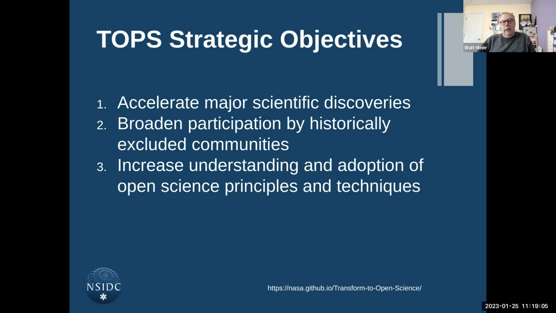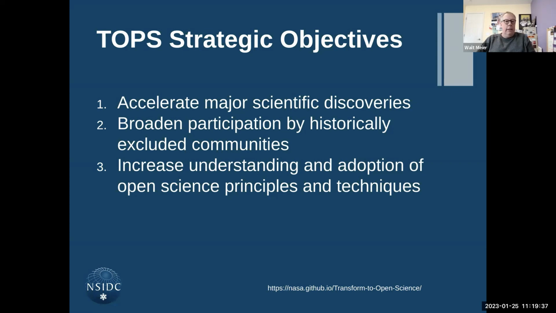Another aspect that is important as well is when things are more open, it gives more access to historically excluded communities, communities that may not have the same resources, HBCUs, for example, and other groups that may not have the resources that big research universities have. For example, again, making journal articles and all publications open and freely accessible.